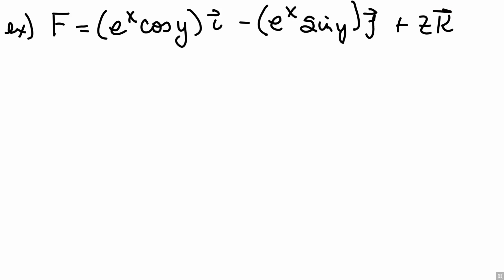Okay, so we have F is equal to e to the z cosine of y in the i direction minus e to the z sine of y in the j direction plus z in the k direction.